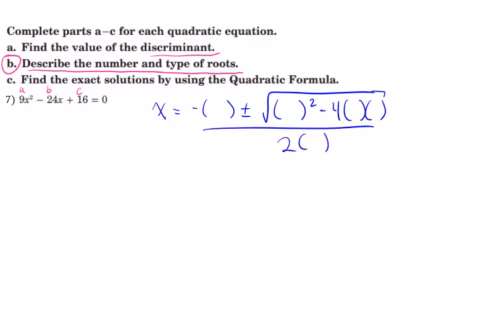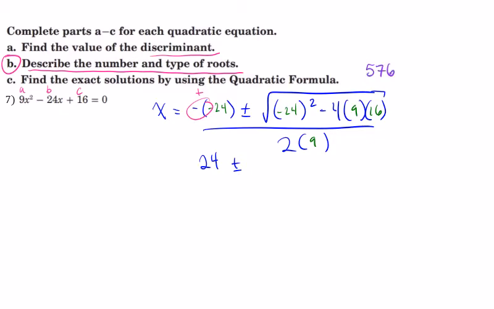I'm going to start with b, negative 24. That goes here and here. Then a is 9, so that goes here and here. And c is 16, so that goes there. Now when we simplify, negative negative turns into a positive, so I get positive 24 plus or minus. Then let's do what's underneath the radical, the discriminant. 24 squared is 576, so we get 576.